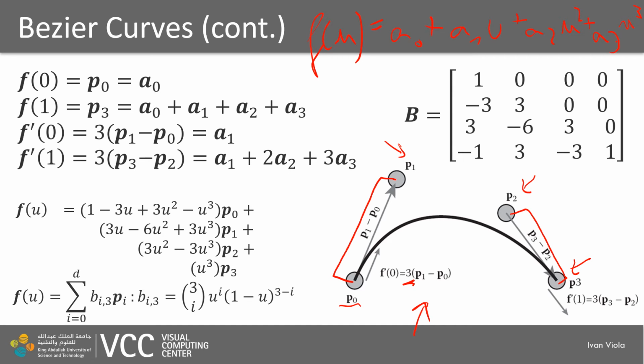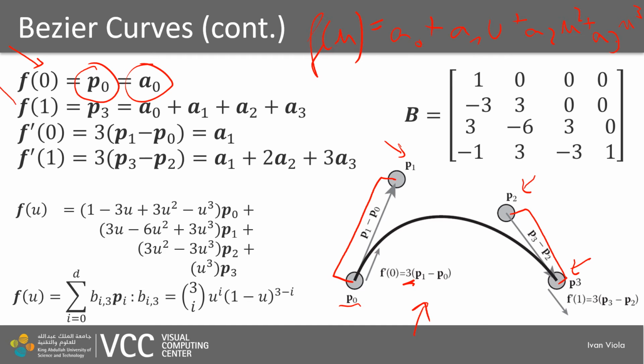And if we put into the equation u = 0, what will we end up with? We will end up with the point P0, and at the same time, we will find out that this is equal to A0, because all the other terms in our cubic formula will be 0 due to the u.